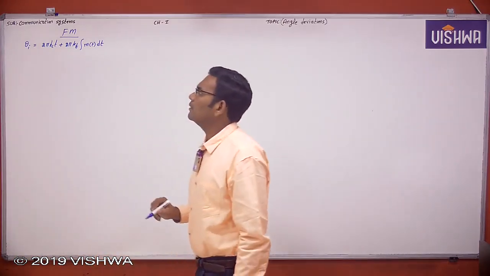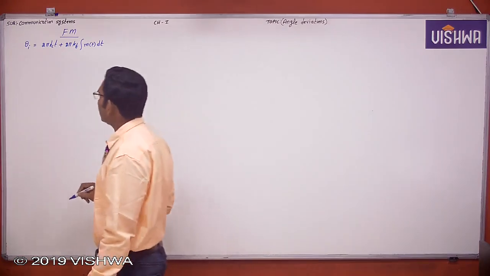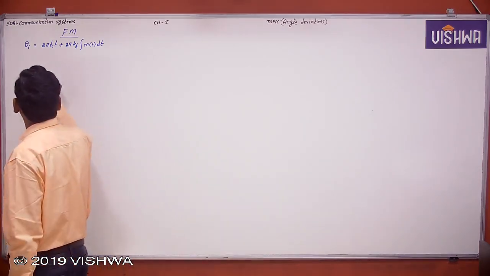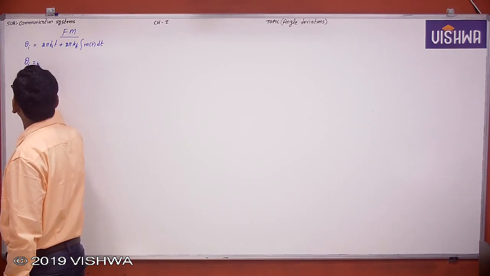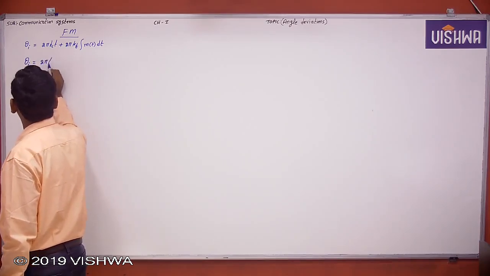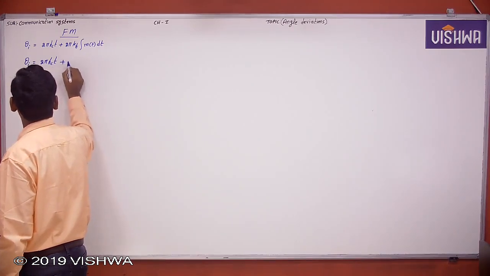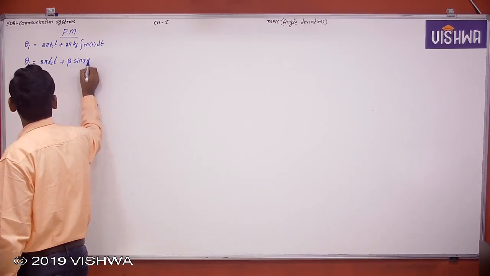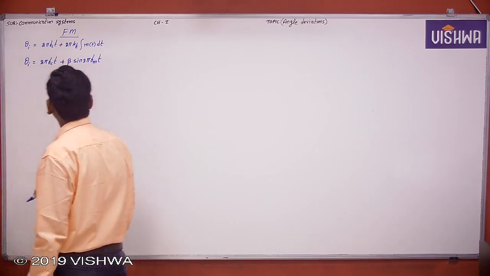Now this is the frequency modulation instantaneous angle or argument. Now you further simplify: theta i is equal to 2 pi fc t plus beta sine 2 pi fm into t. Am I not? Now what do we want?